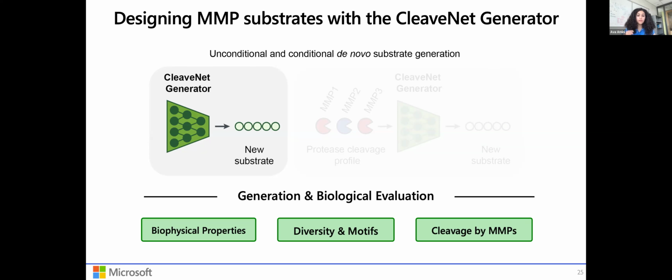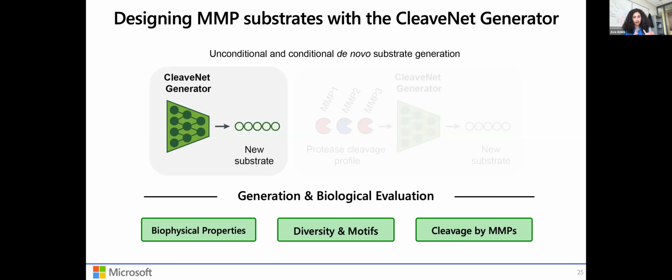When we did this, we first wanted to consider that this is a relatively small problem. This is not a foundational, general purpose protein foundation model. We want to focus our evaluations on the specific types of tasks, metrics, and criteria that we care about from this problem of protease substrate design.